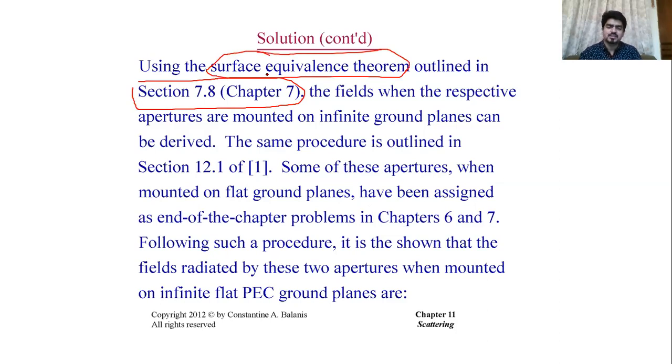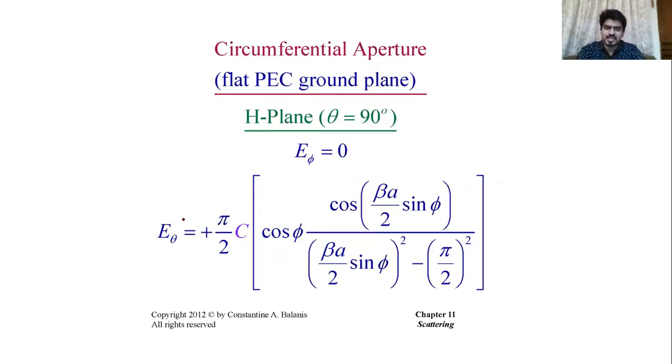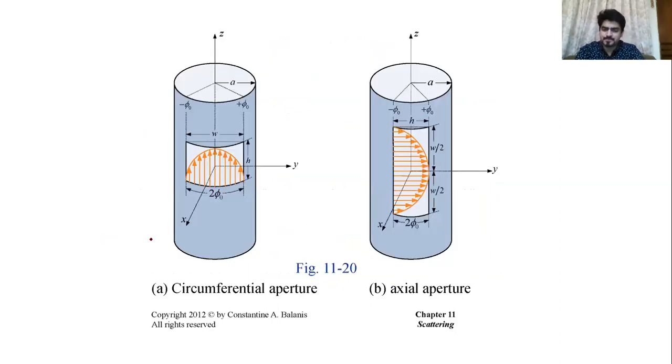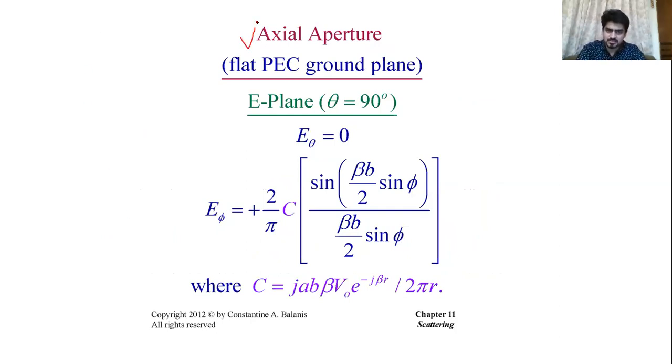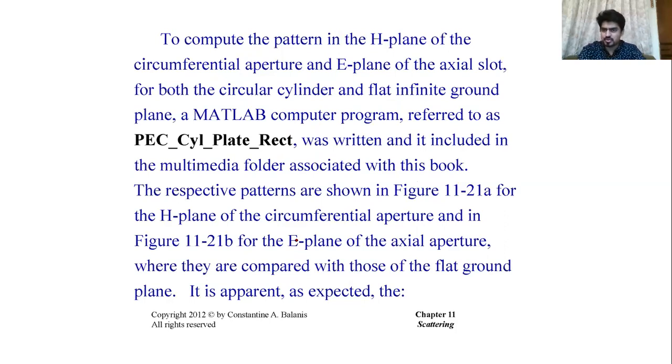When we have the circumferential aperture on the flat PEC ground plane, for the H plane, E phi is going to be 0 and E theta is given by this expression. And for the axial aperture on the flat PEC ground plane, in the E plane, E theta is going to be 0 and E phi is given by this expression, where C is given by this expression. Now we plot both of them. You can do this with the MATLAB code given at the end of chapter 11.